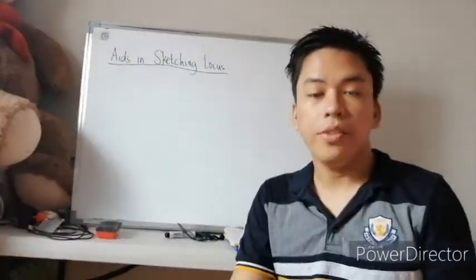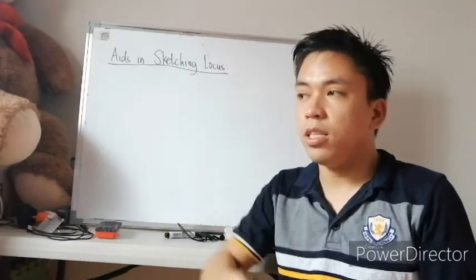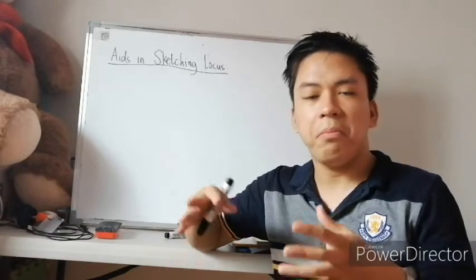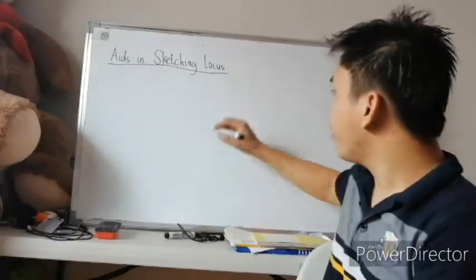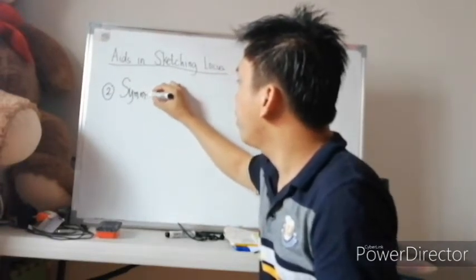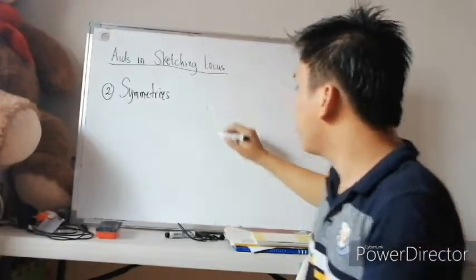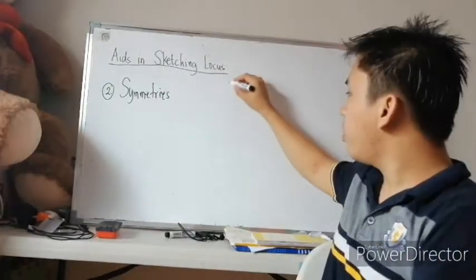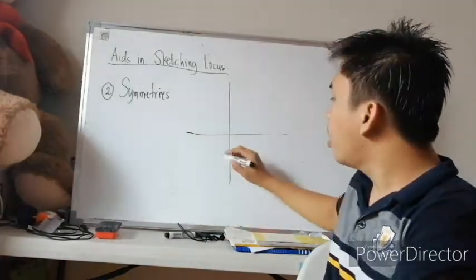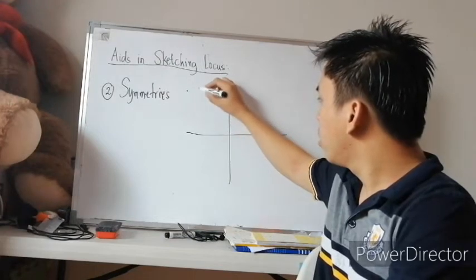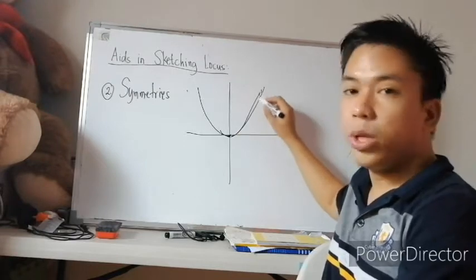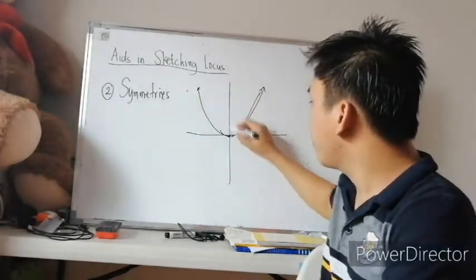Okay. The next criteria that we will be talking about is symmetries. When we say symmetries, it's actually mirroring the graph. Symmetry is the mirroring of a graph with respect to a certain point or axis. For example, we have the graph of a parabola, let's say, assuming my drawing is perfect, centered at (0, 0).